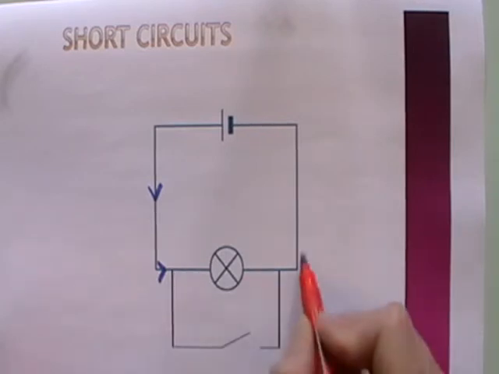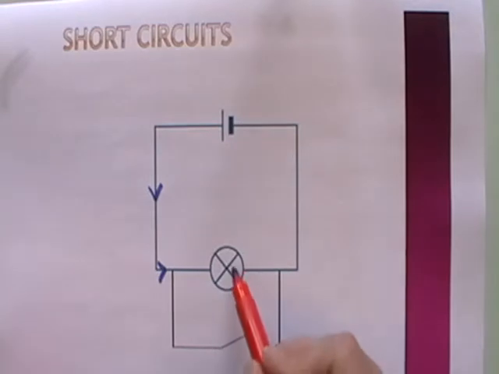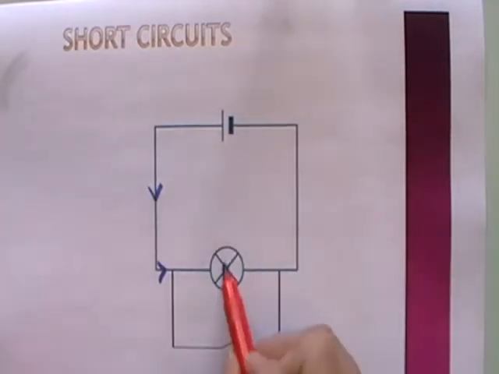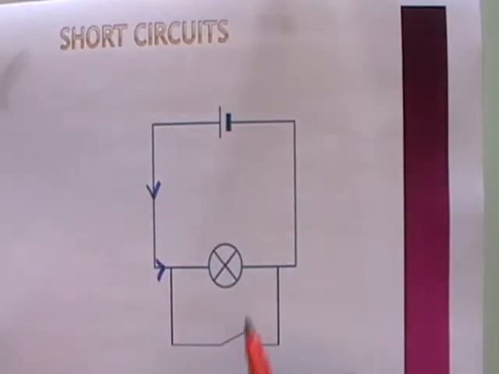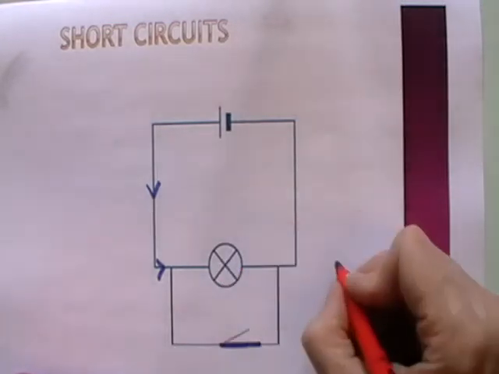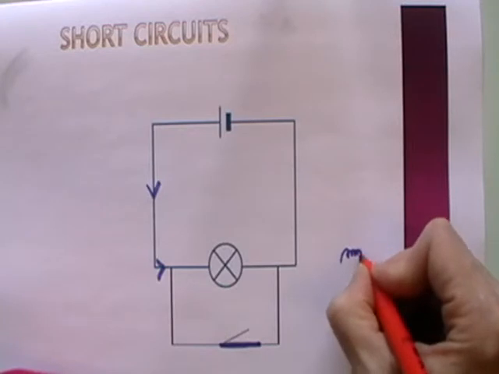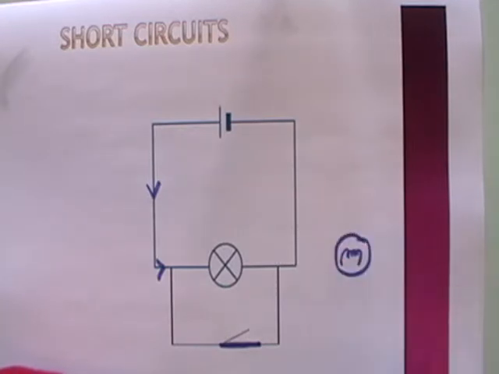It just continues on round the circuit, and it lights the bulb. But if you close your switch here, and I'll just draw that in here, if you close the switch, then you have a situation where you've got either a big wide bit of metal in the switch for the current to go through, or a wee tiny thin filament like that there in the bulb to get through.